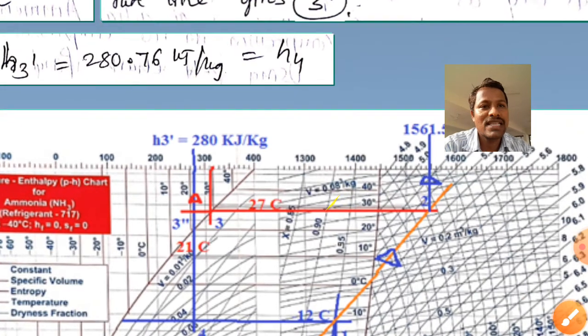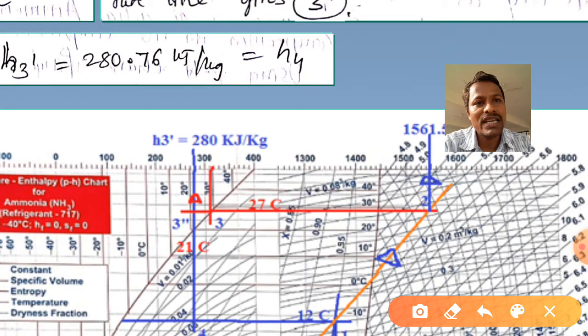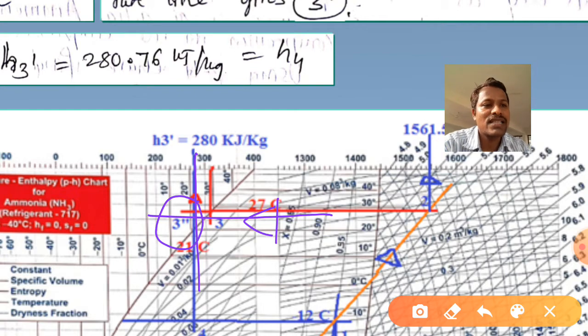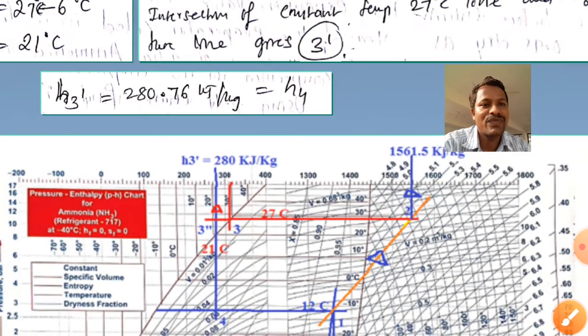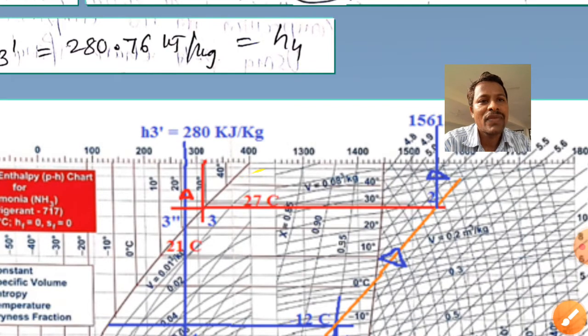Wherever this 21 degrees Celsius line and the 27 degrees Celsius line, that is the condenser temperature line, both intersect, that can be marked as state point 3 dash, that is the temperature after undercooling. So here we obtained point 3 dash on the pH chart.